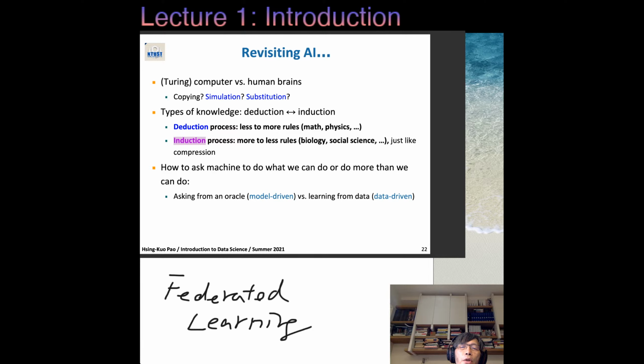But these days, we usually care more about induction, meaning that given tons of data, how can we draw conclusions from the data? We also call this AI, but it's more related to a data-oriented approach.